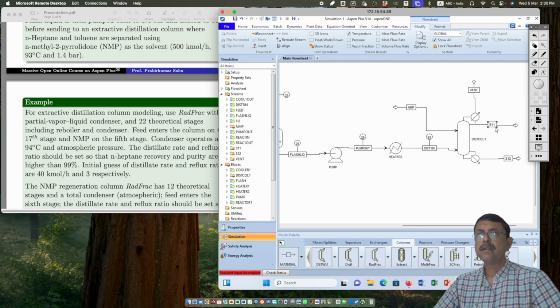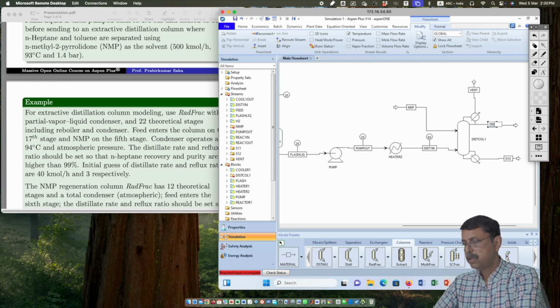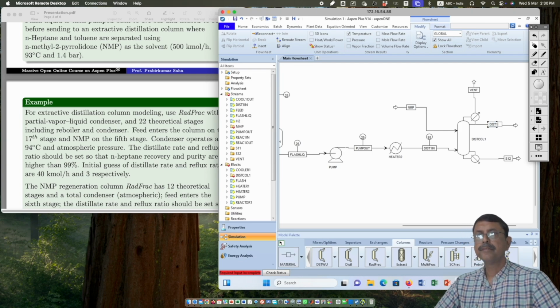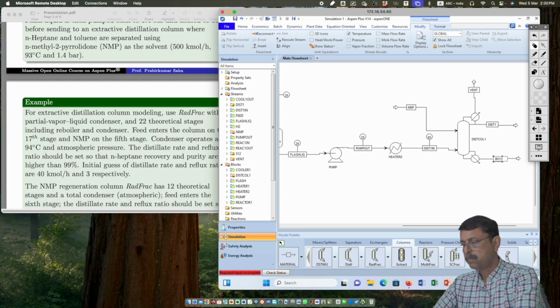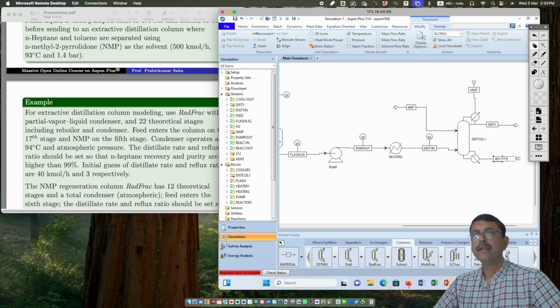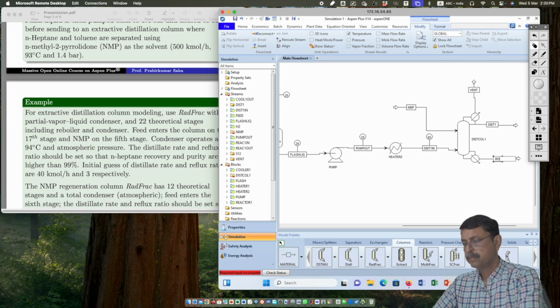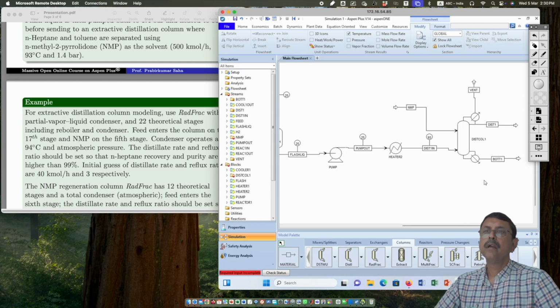And this one we will call dist 1, distillate 1. And this one we will call bottom 1.